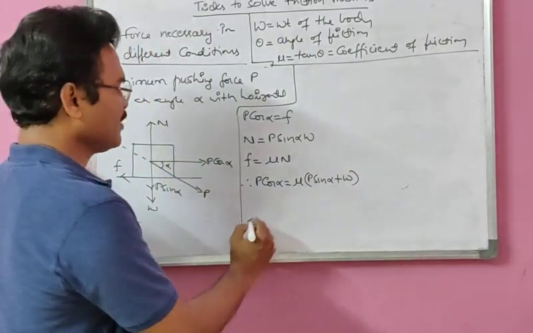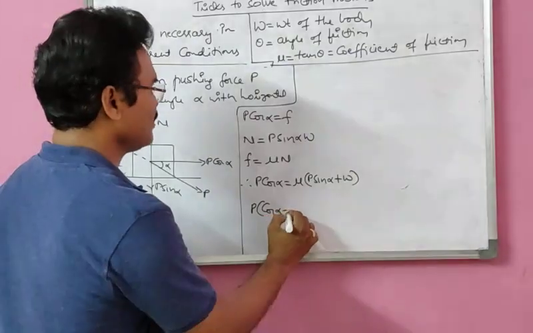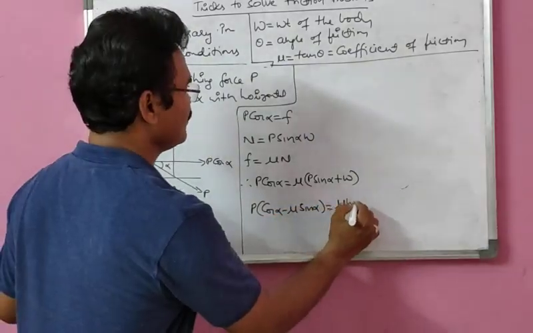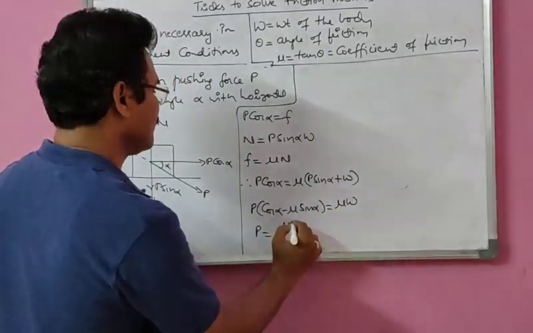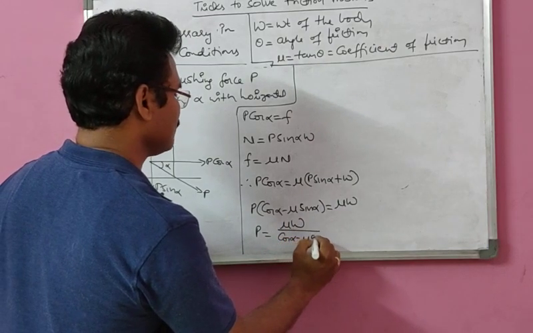From this, we get P of (cos alpha minus mu sin alpha) equal to mu W, and P equal to mu W by cos alpha minus mu sin alpha.